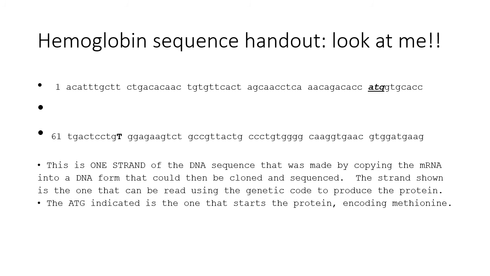So what you're seeing here, and this is kind of confusing, is a DNA sequence. You can see there are T's in it. It's single-stranded. Only one of the strands is shown. This is a portion of what's known as a cDNA, or copy DNA, which was made by starting with a mature mRNA and converting it enzymatically to DNA by means of reverse transcriptase.